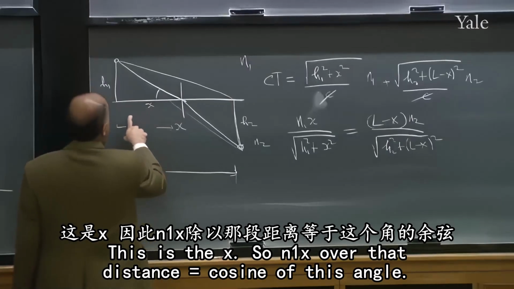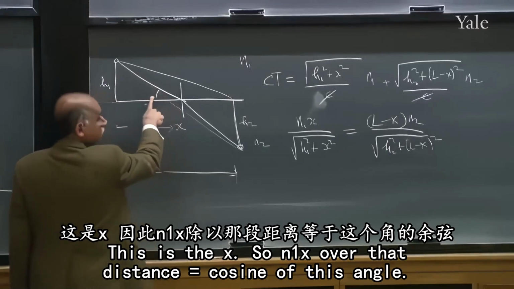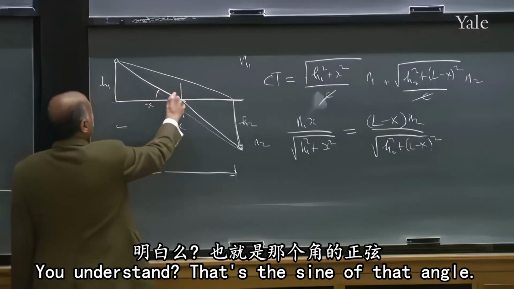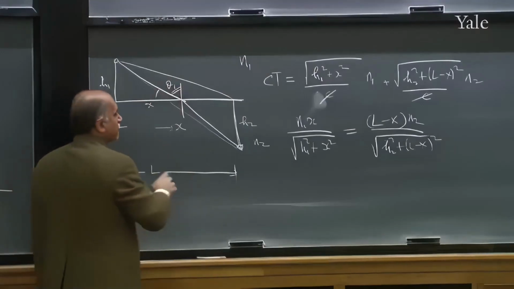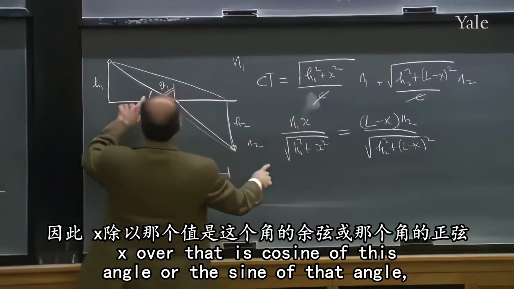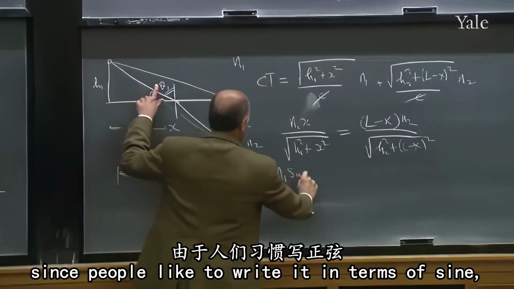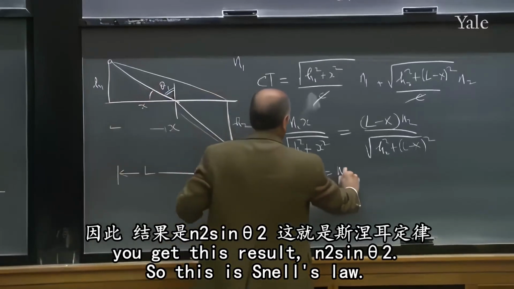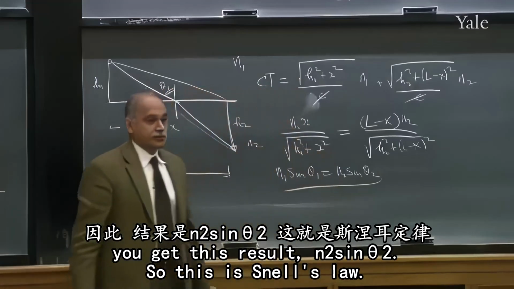So x over that distance is equal to cosine of this angle. You understand? But that's the sine of that angle. X over that is cosine of this angle, or the sine of that angle. Since people like to write it in terms of sine, you get this result: n1 sine theta 1 equals n2 sine theta 2.